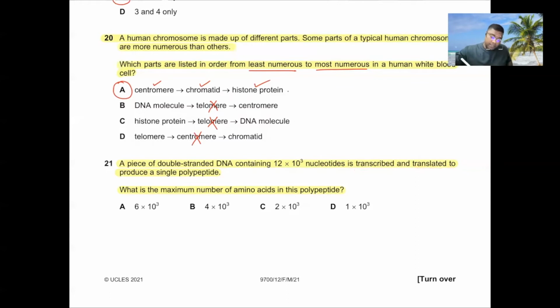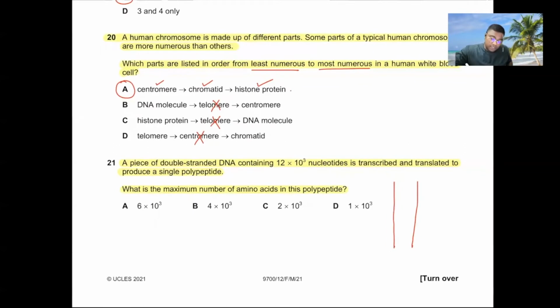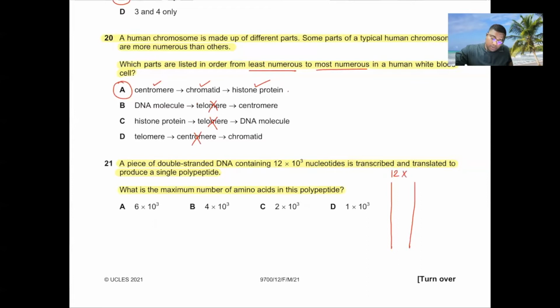Now DNA is double-stranded, and there are 12 × 10^3 nucleotides, so 10^3 means that is 12,000.